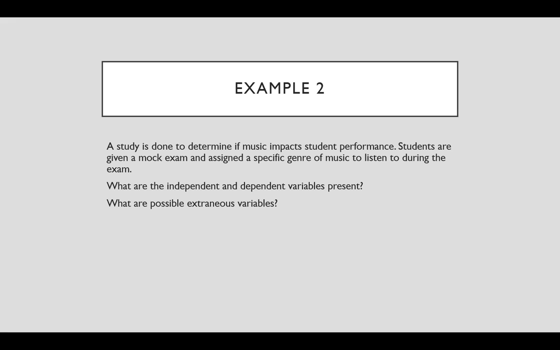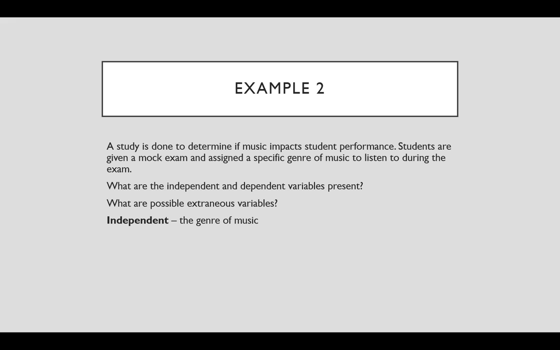For the independent and dependent variables present, the independent is the genre of music, as the researcher gets to determine which student listens to which genre of music. They may be playing pop, rock and roll, heavy metal, or classical.